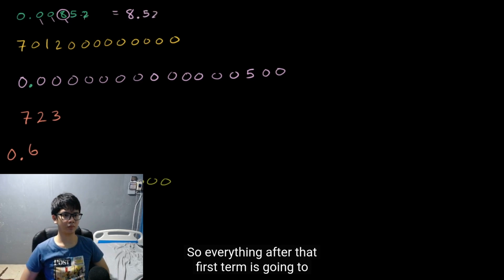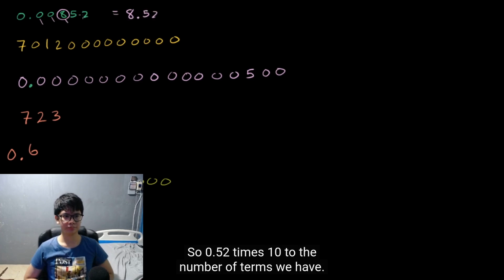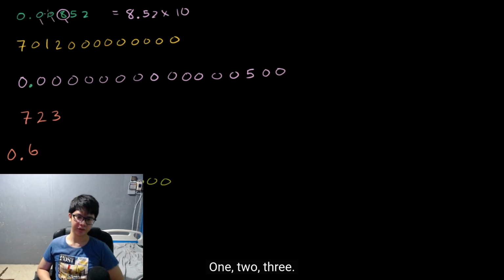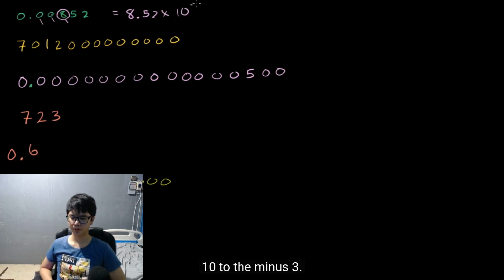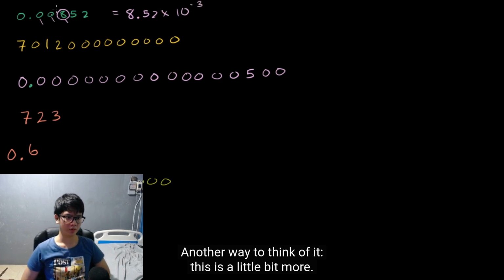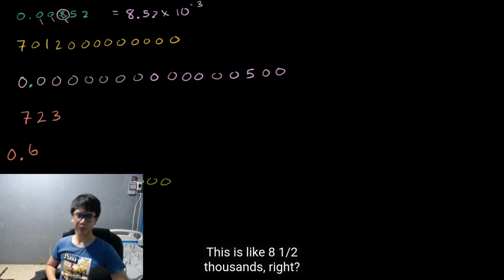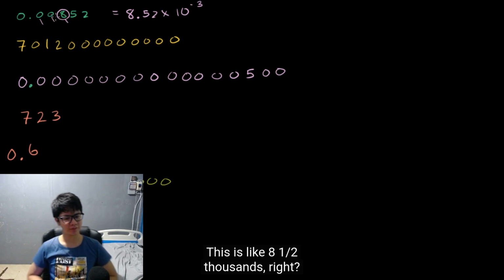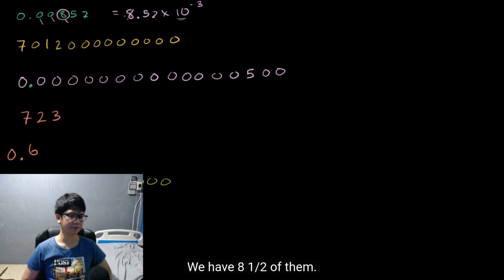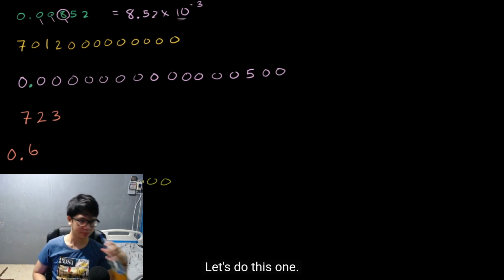So everything after that first term is going to be behind the decimal, so 8.52 times 10 raised to the number of terms we have. 1, 2, 3. 10 to the minus 3. So when you think of it, this is like 8.5 thousandths, right? Each of these is thousands.